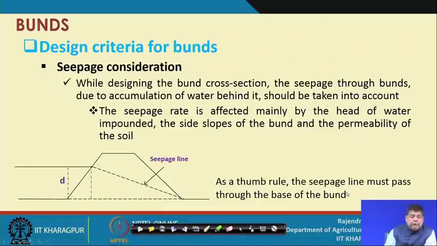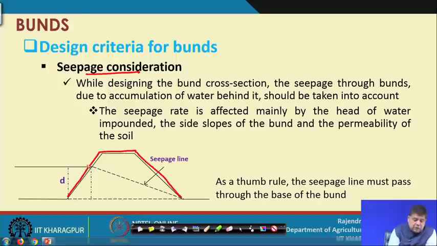Then another very important design criterion for bunds is the seepage consideration. Typically, what happens is that as we allow water to stand on the upstream side of this dam, once the standing water is there and the material of construction is soil, then obviously some seepage will take place.